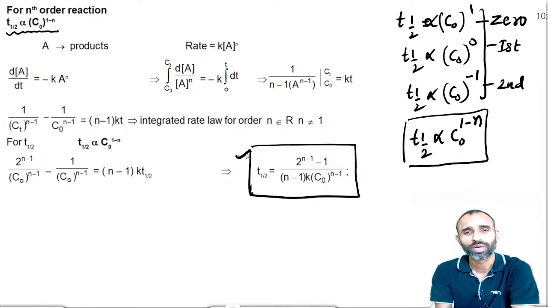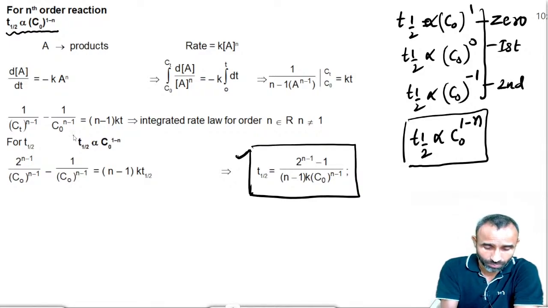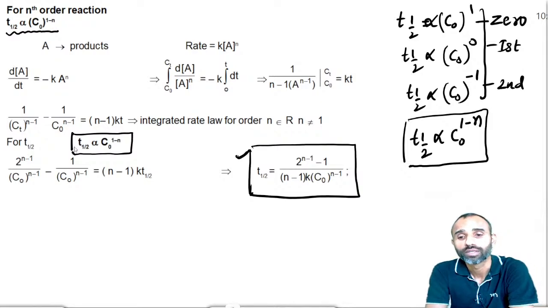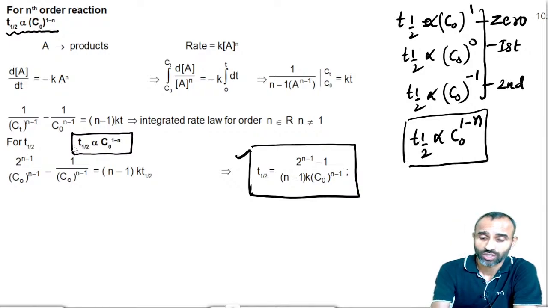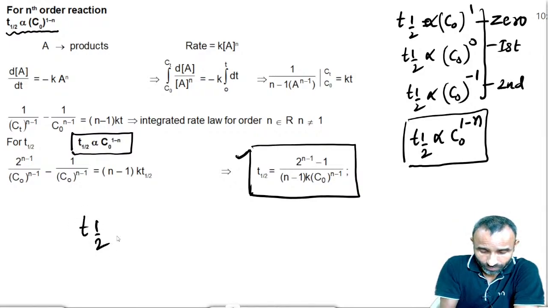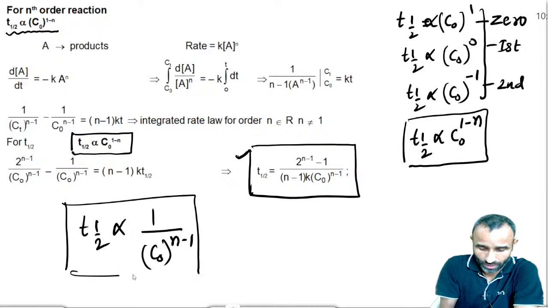No need to remember this part, but please keep in mind this formula. Half-life is proportional to C naught raised to power 1 minus n, or inversely proportional to C naught raised to power n minus 1.